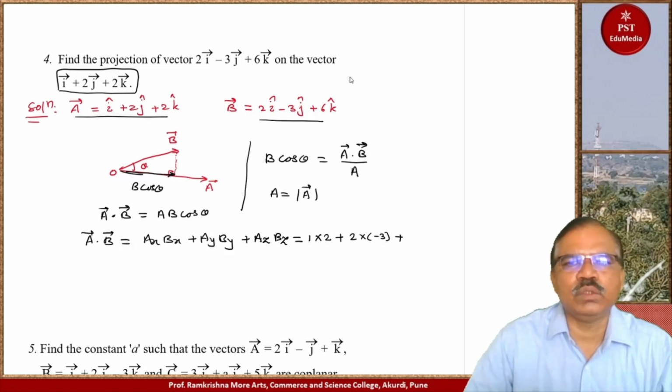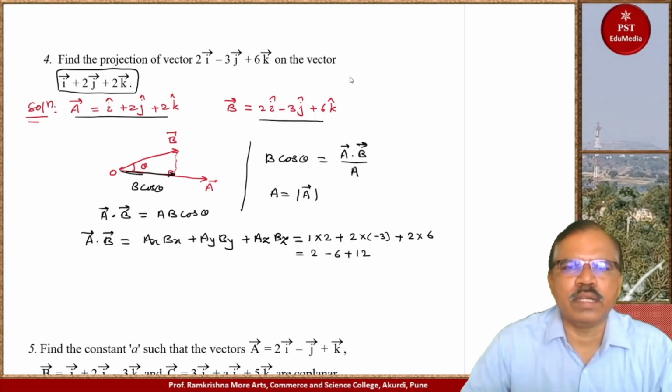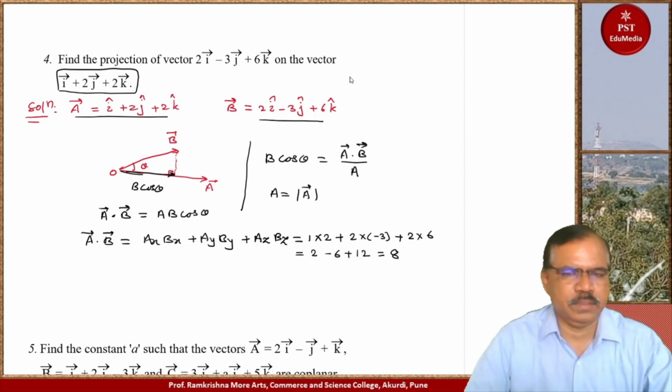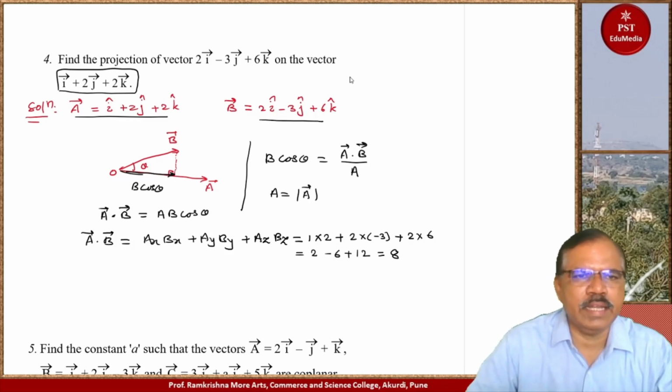Now AZ is 2 and BZ is 6. So we will get here 2 minus 6 plus 12. So it is 14 minus 6. So we will get this as 8. So A dot B is 8.